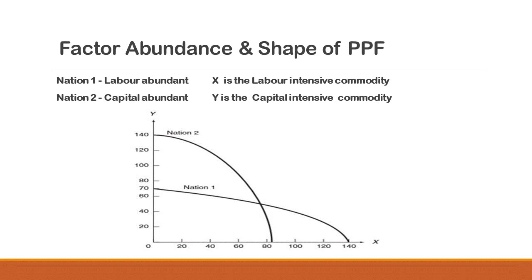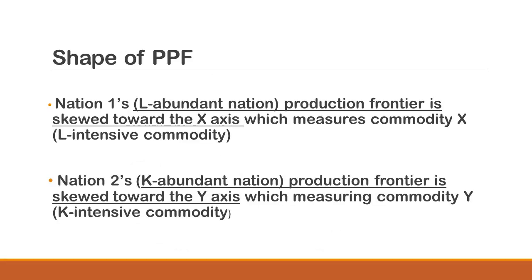Y-axis is the axis which measures the capital intensive commodity Y. So we can see that nation 1's production possibility frontier is skewed towards the X-axis which measures commodity X, and nation 2's production possibility frontier is skewed towards the Y-axis which measures the commodity Y.